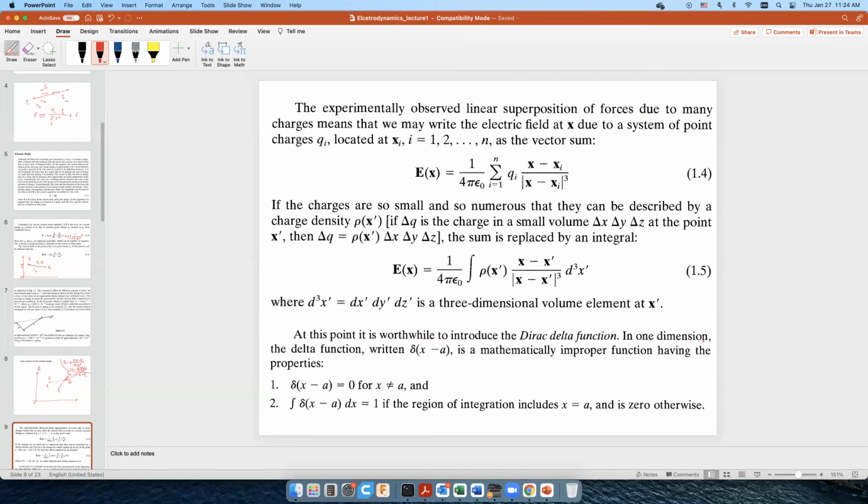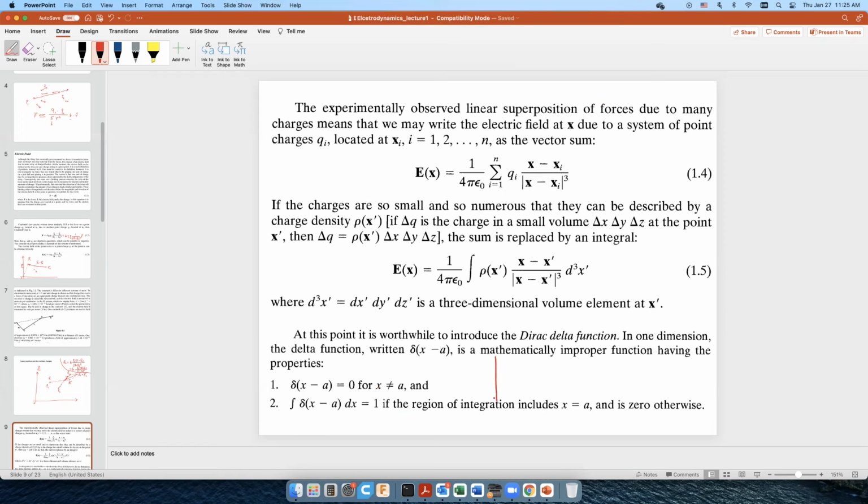function. In one dimension, the delta function can be written as delta of x subtracted by a. It's a mathematically improper function having these properties. First, delta of x subtracted by a equals 0 when x is not a, and its integral equals 1 if the region of integration includes x equals a, and equals 0 otherwise.